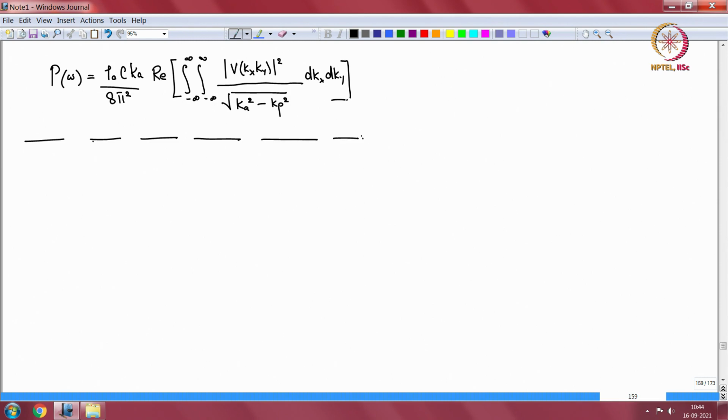Now the mode shape assumed is on a simply supported panel.